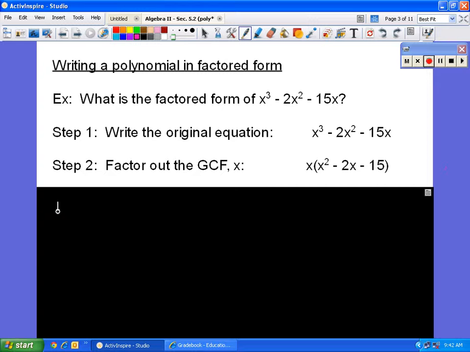Okay. Lucas, tell me something you notice about this trinomial. The x is gone. Yes, good. You notice anything else?